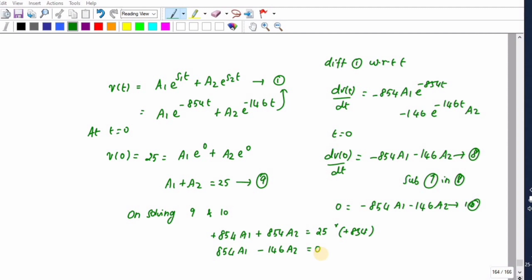If I subtract these two equations, you will get the value of A2, right? If I get the value of A2, A1 is equal to 25 minus A2. Okay, so if I substitute, I will get the value of A1 and A2. You can do it with the help of a calculator also. It is very simple, as you have only two equations.